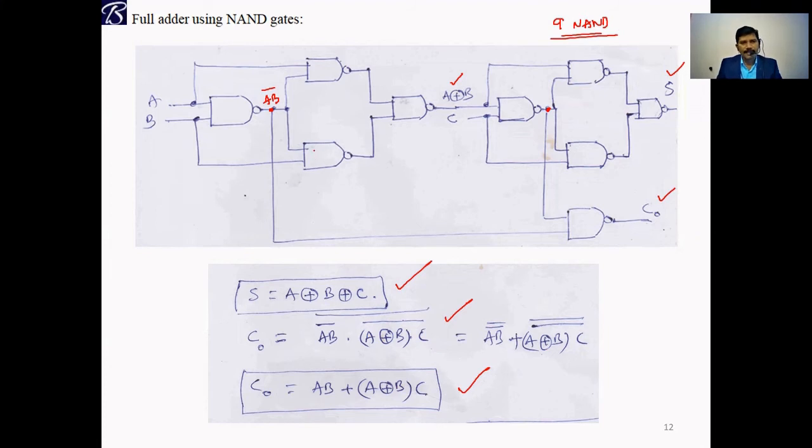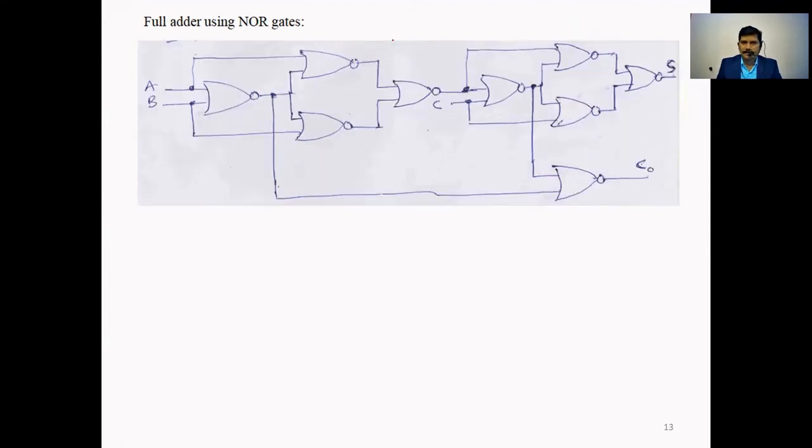And to implement a full adder using only NOR gates, again 9 NOR gates are required. Let us see the diagram here. See, sum equal to again 8 NOR gates, and the same formula. This point and this point, if you take, you will get this C0.